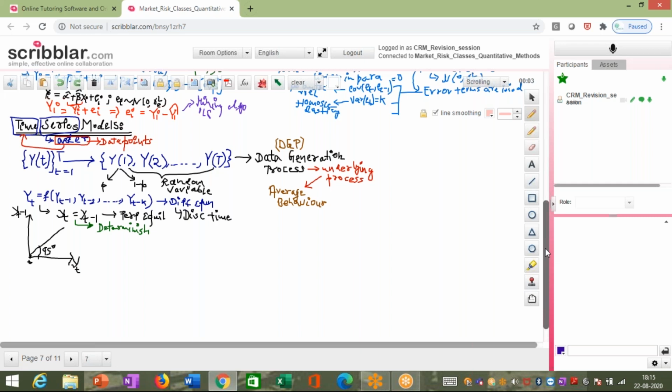Now, if we think about risk minimization or risk management as far as market risk models are concerned, the key set of risks which arises as a part of the market risk models would be the volatility measures.